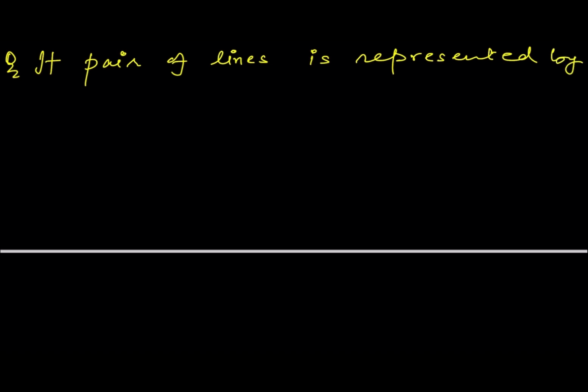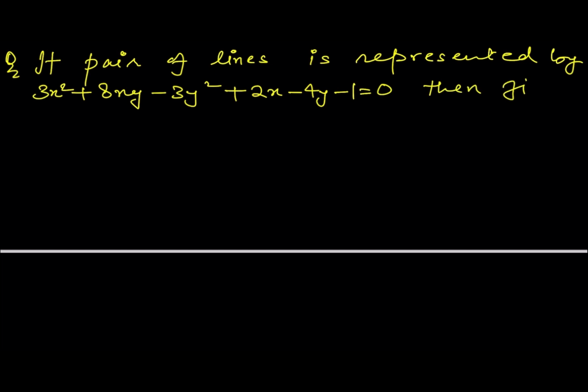The question is, if a pair of lines is represented by 3x square plus 8xy minus 3y square plus 2x minus 4y minus 1 is equal to 0, then find the lines individually.